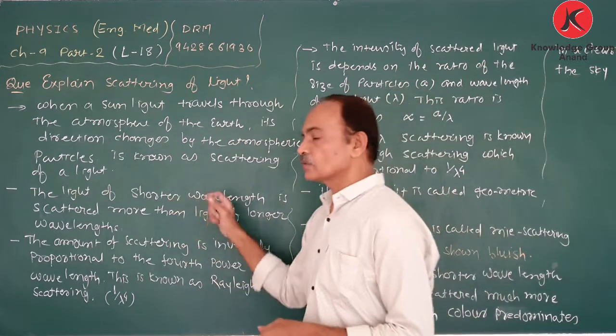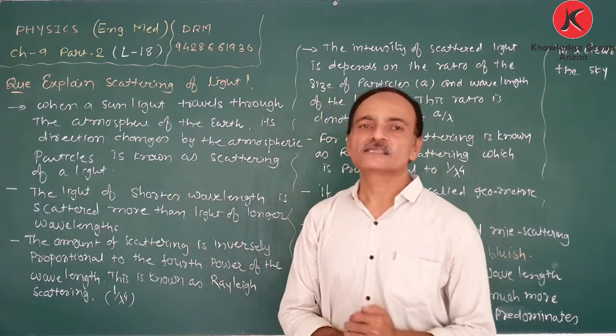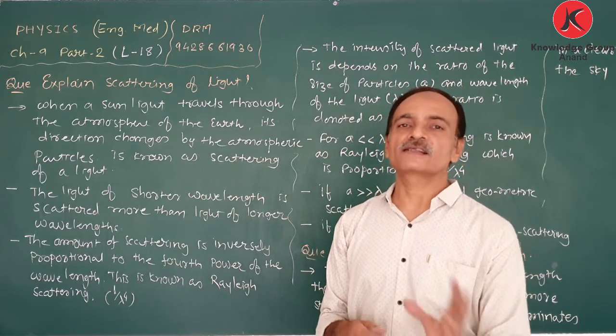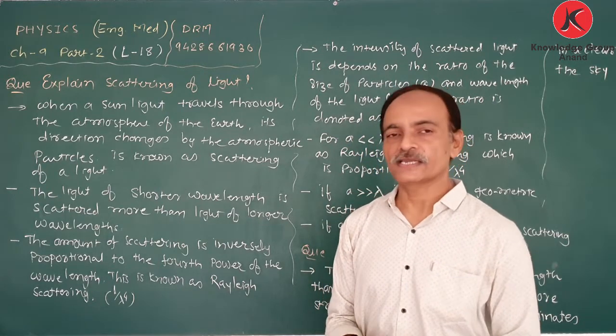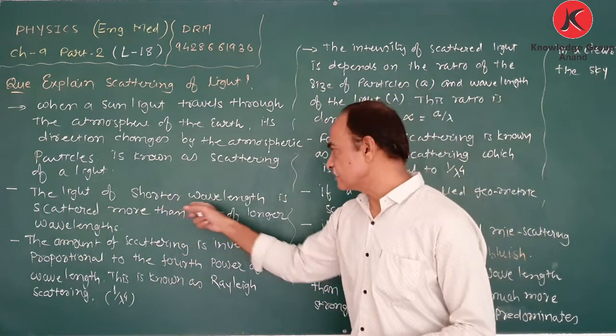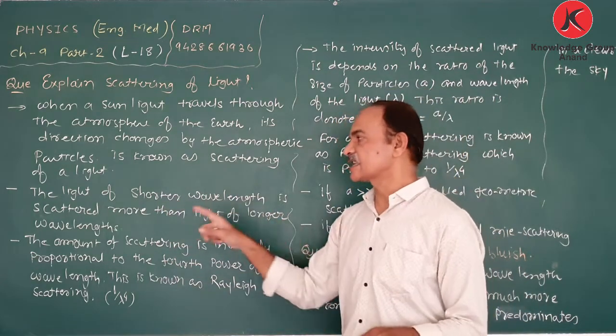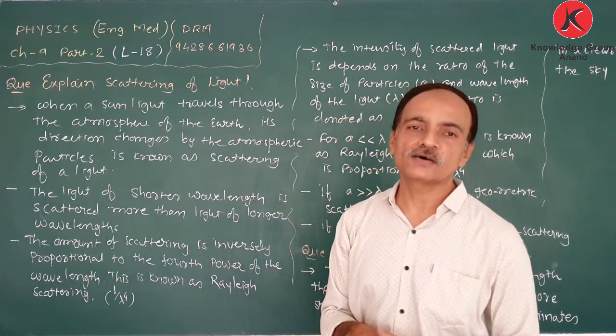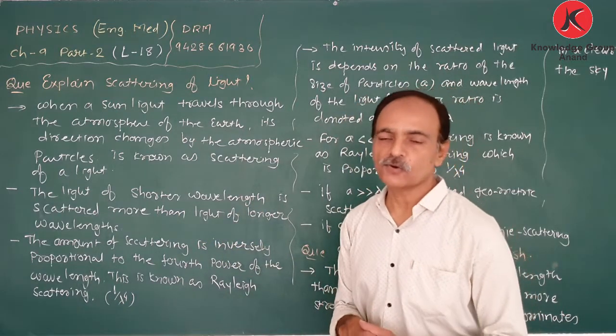We know that white light, that means sunlight, is made up of 7 colors, red to violet. Now, light of shorter wavelength is scattered more than light of longer wavelength.